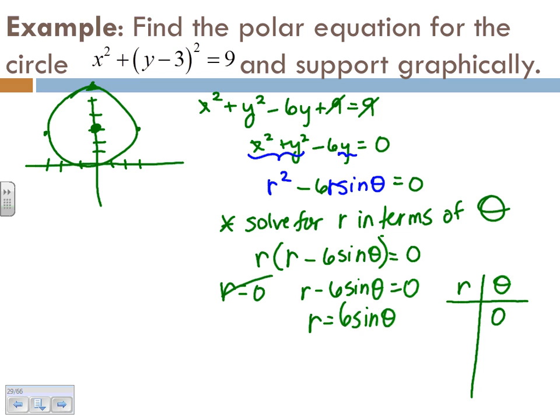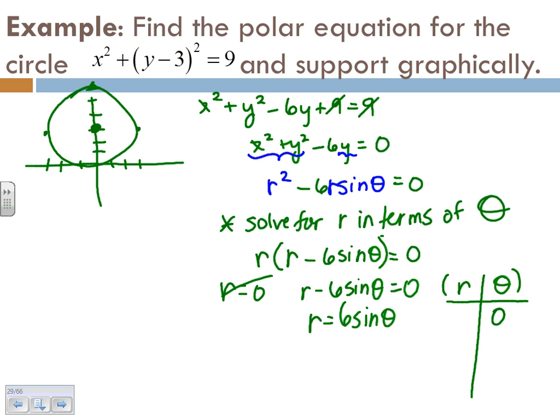It's r theta, not theta r, whereas usually the inputs are what go in the first column. That's not the case. You could set it up this way, but it'd be really confusing. Alright, so let's plug in a theta of 0.